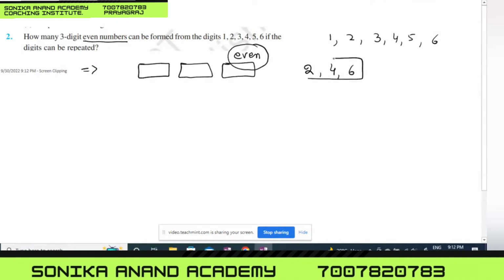So this box can be filled by 3 choices. Now digits can be repeated. That means in the first case we have 6 choices. In the second case I again have 6 choices. So this is the number of ways.